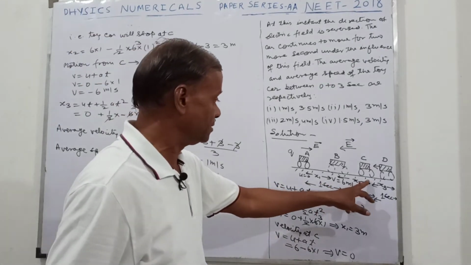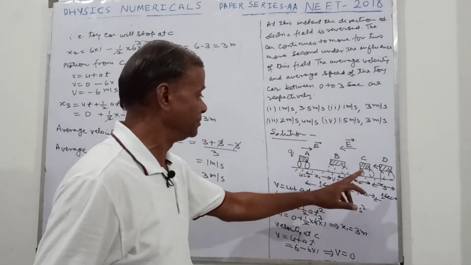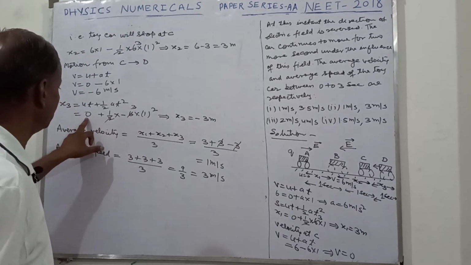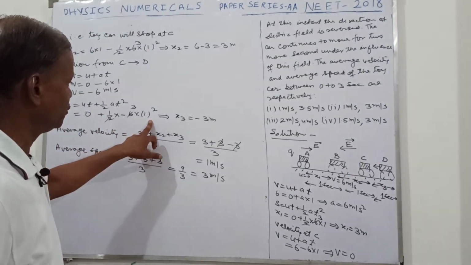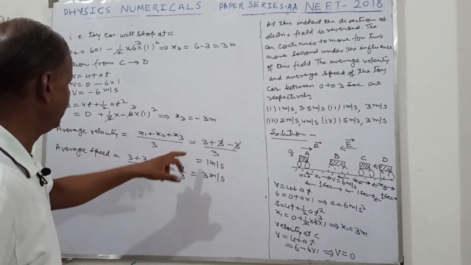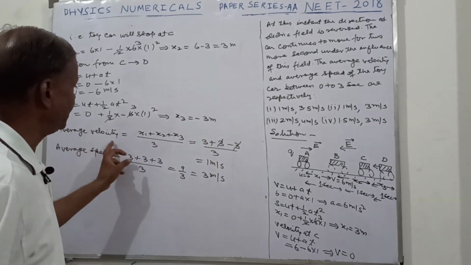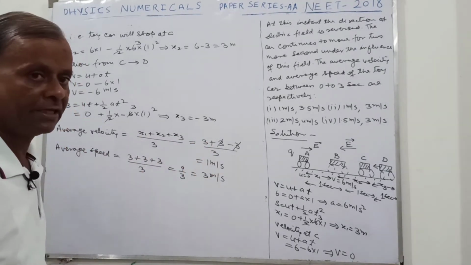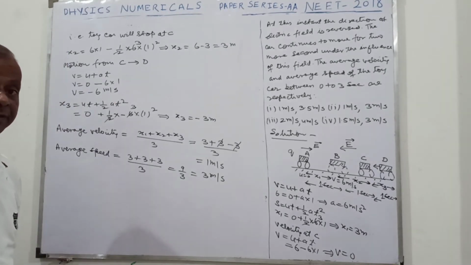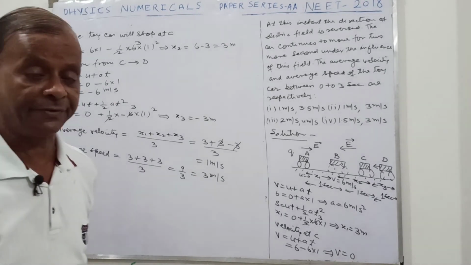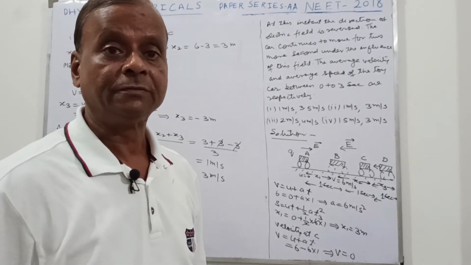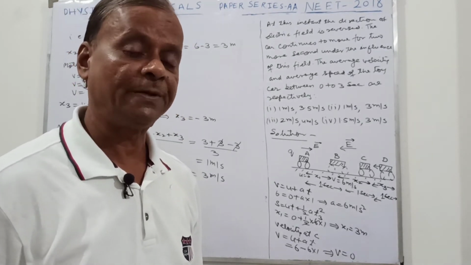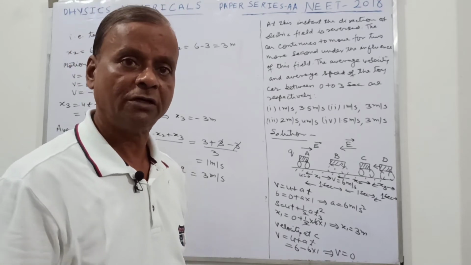Now since here the toy car was at rest, we have taken u equal to 0 plus half at square, a is minus 6, and t is 1 second. So again we are getting 3, and then find the average velocity and average speed. And remember, when we find the average velocity, we have to take into account the sign of the displacement, positive or negative.